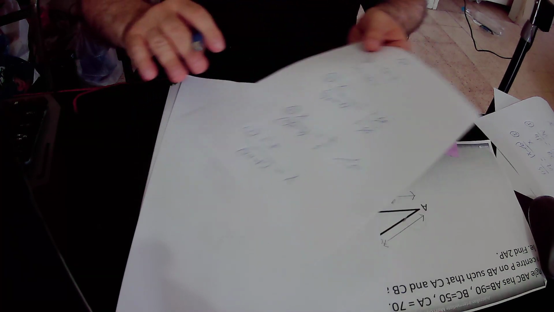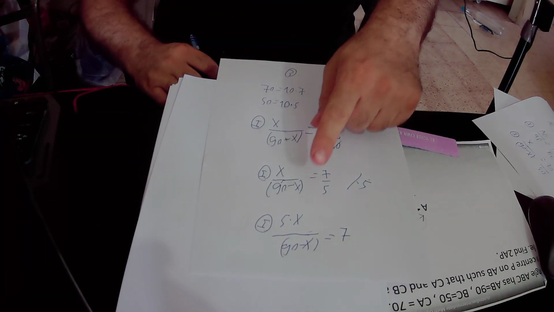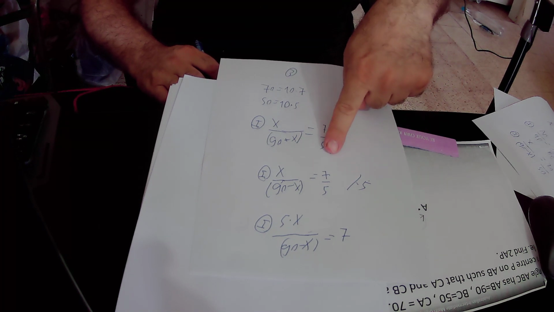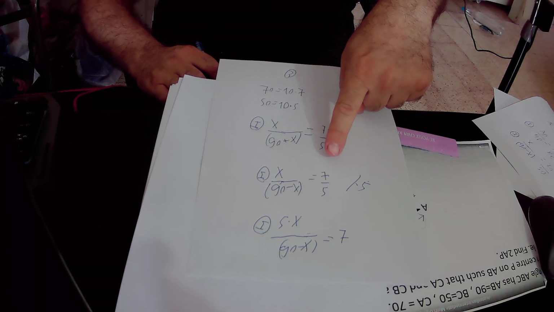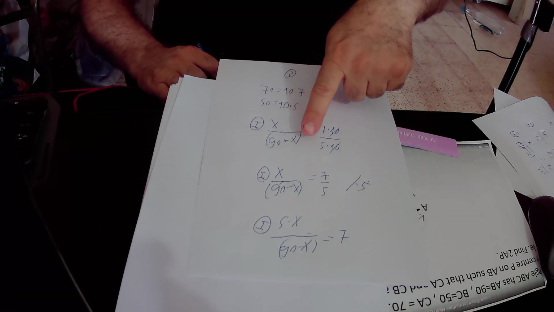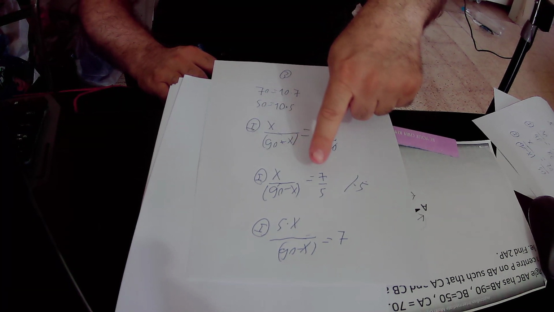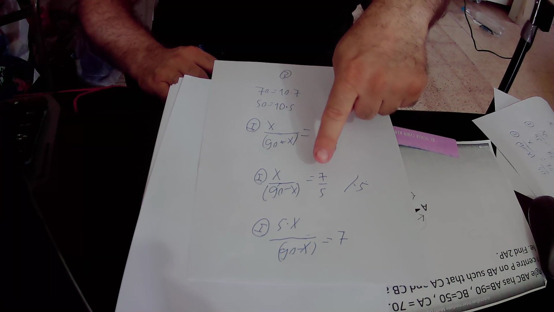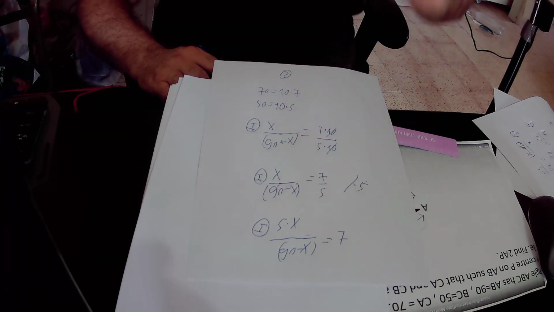Here we multiplied both sides by 5. 7 over 5 times 5 is 7, and x over 90 minus x times 5 is 5x over 90 minus x.